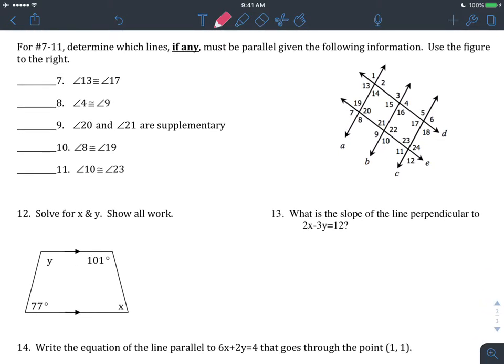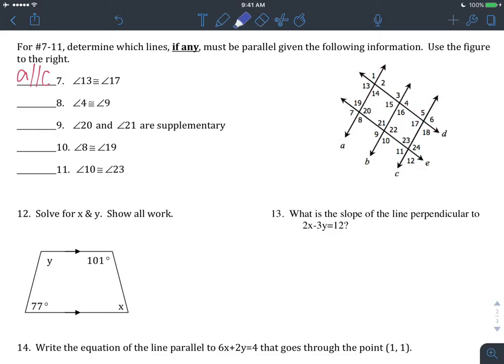All right, number 7. So it says 13 is congruent to 17. They share line D, but then 13 uses A and 17 uses C. So that means A has to be parallel to C for number 7.